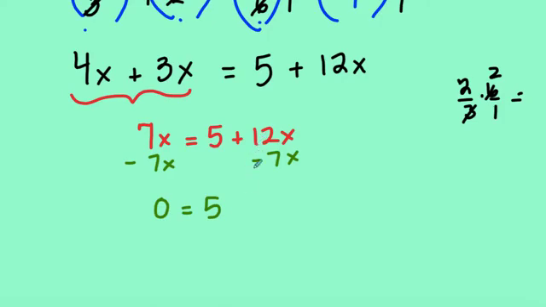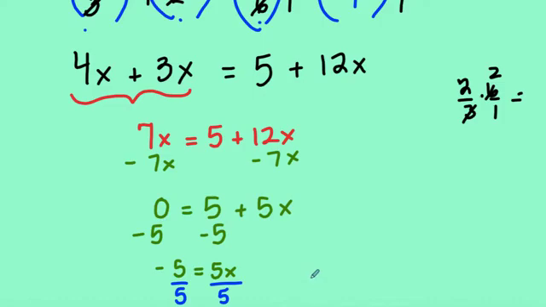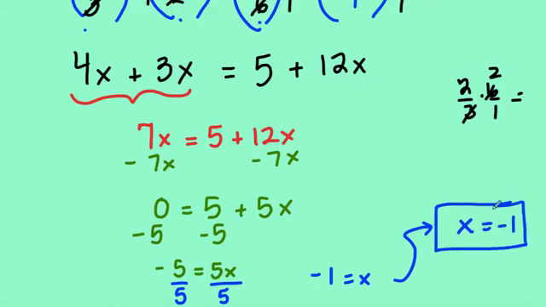So 12x minus 7x is 5x. Now I'm going to subtract this 5 to the other side. So I get negative 5 equals 5x. To get rid of the 5 in front of the x and isolate it, I'm going to divide both sides by 5. So negative 1 equals x. Now, I can also write that using the symmetric property as x equals negative 1, which is probably the way you're used to seeing it.